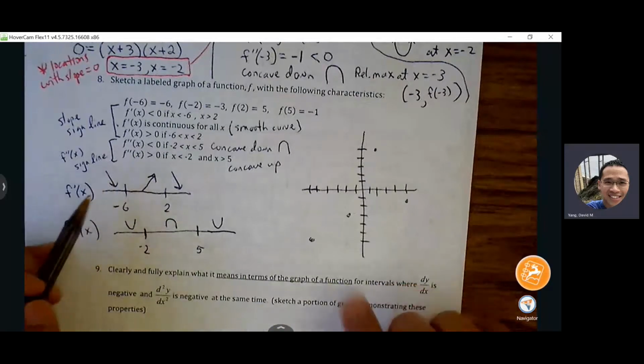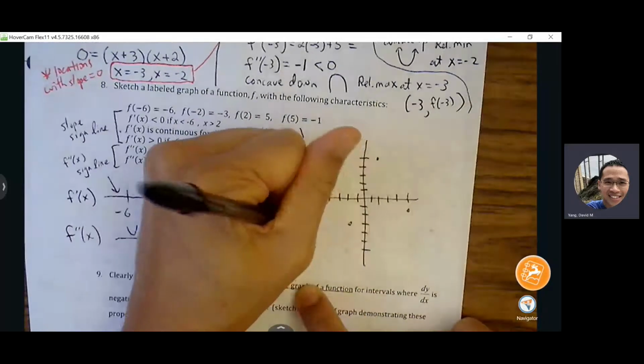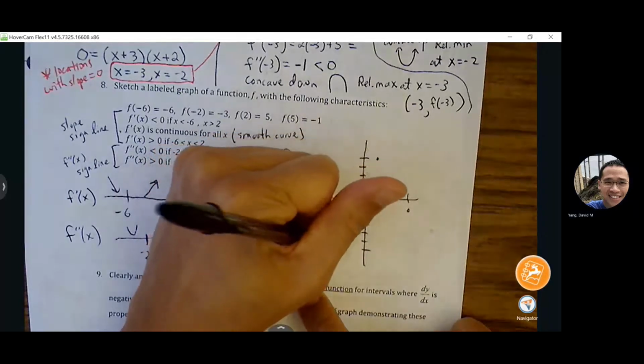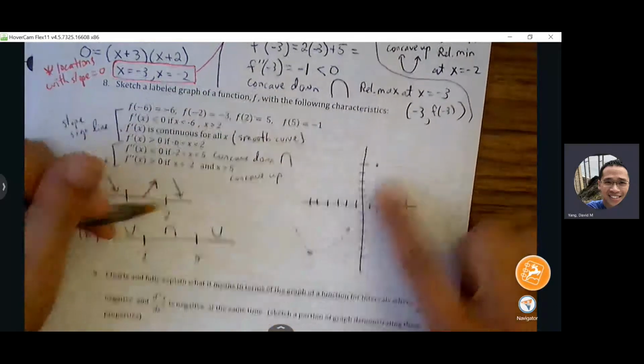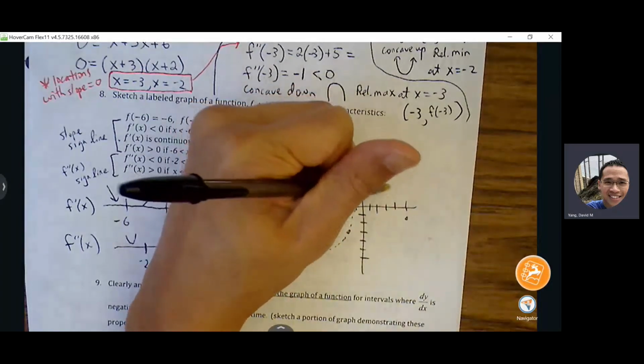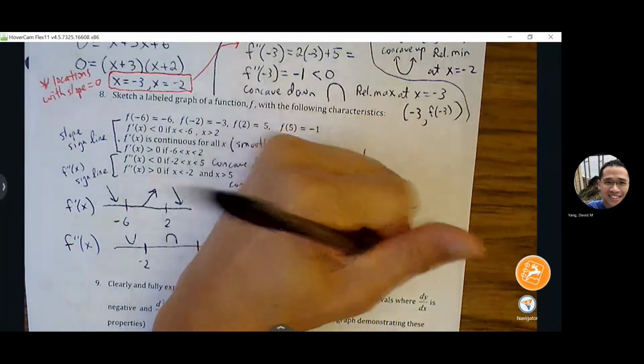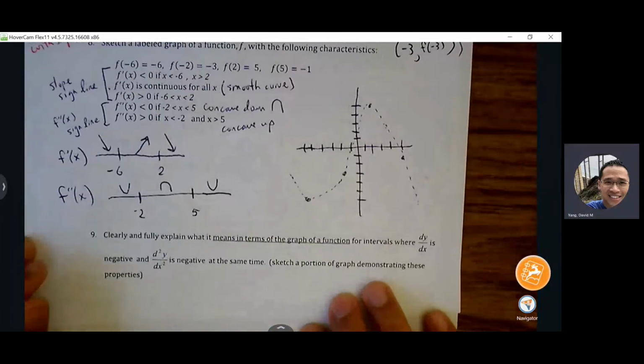So I know how my graph is going to move. It's going to have a relative min at -6. Well, they gave me -6 here. I know I have a relative max at 2, so I'm going to go towards that relative max at 2, and then it's going to decrease all the way through. Okay, there's my graph.